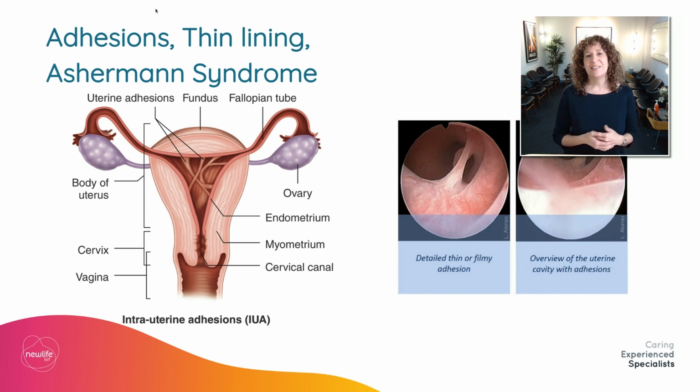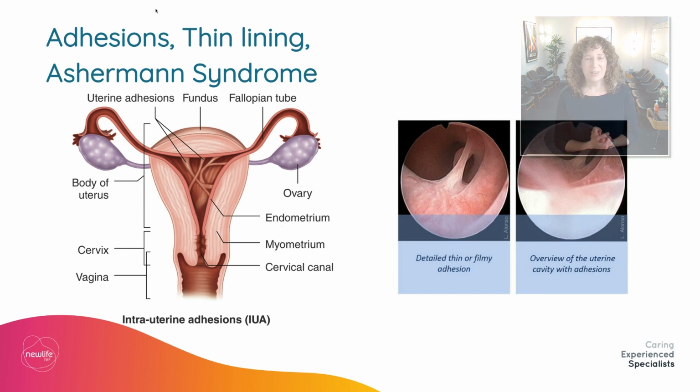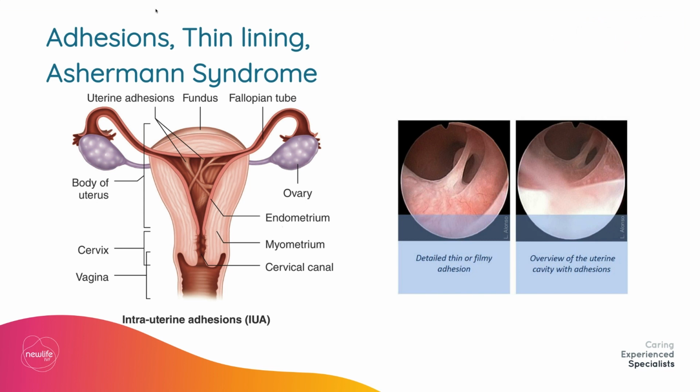Often this happens if there's been an infection or potentially multiple medical procedures, like you've had a baby and maybe you've needed to have a curette performed after the baby was born because there's a bit of placenta stuck behind, or you've had a miscarriage and there's some tissue left behind and it's become infected. So these are the more common reasons why people would have scar tissue.